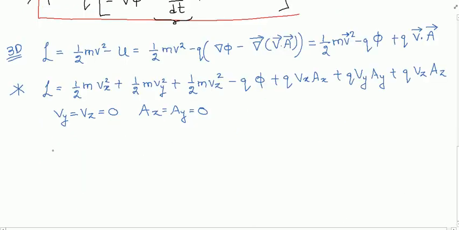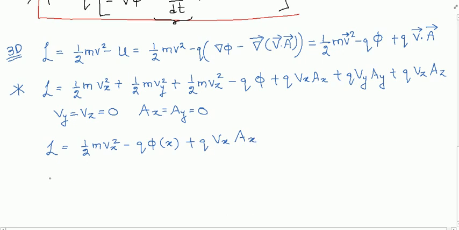Then you'll get a simple Lagrangian that looks like half m vx square, and then there will be q of phi, but this phi will be a function of only x now, and then you will get q of vx ax. Now why I did this?